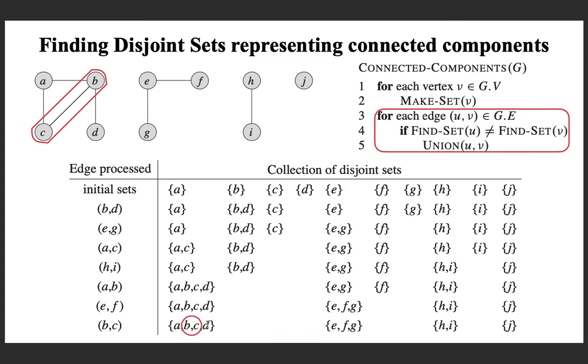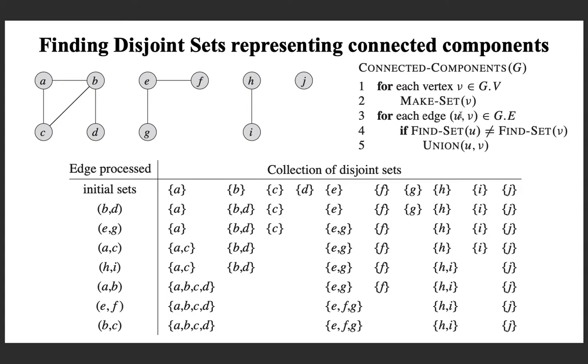Now you have processed every edge and you ended up in the disjoint sets representation of the given graph, where ABCD is one component, EFG is another component, HI is the third component, and J is the last component.